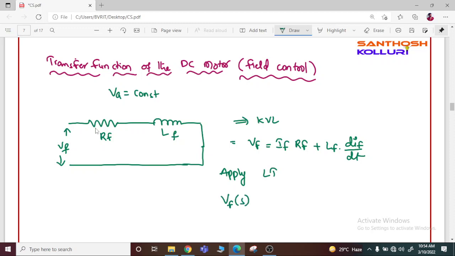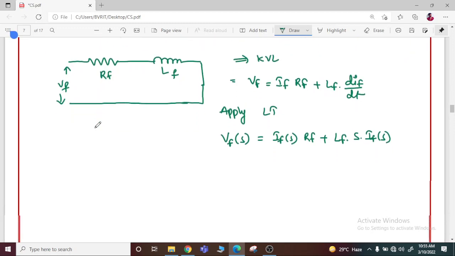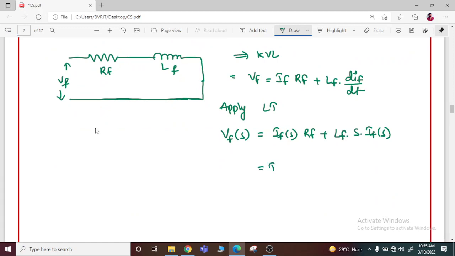Vf of s is equal to If of s into Rf plus Lf into s into If of s. So if I take If of s as common, then it will be Rf plus s into Lf. This is Vf of s, equation number 1.